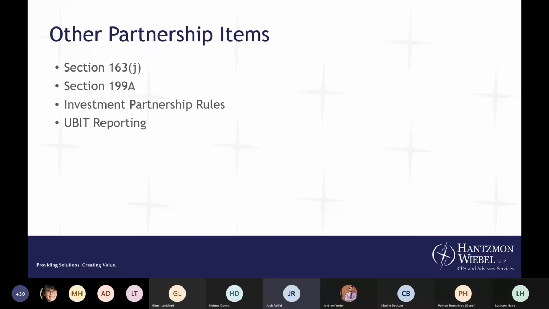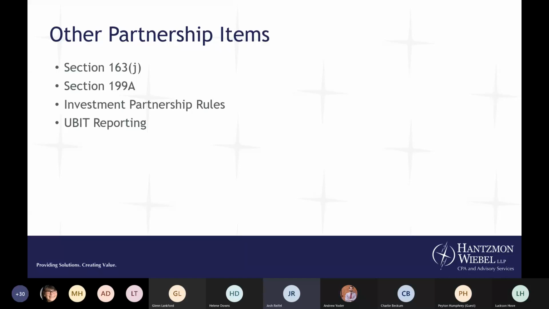As I indicated earlier this morning, on K1s, all the information is now presented in one statement, under one code under line 20. It was 20Z last year for partnerships. So all that information is presented separately in a statement that you have to go through and weed through to look at what information is necessary or not.